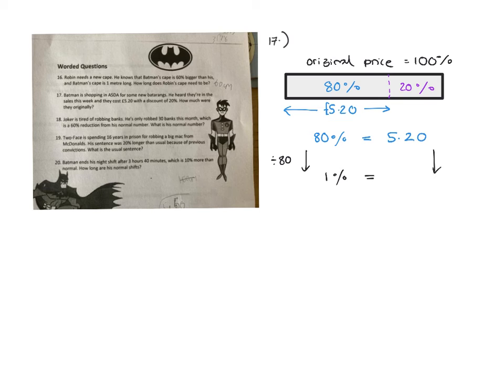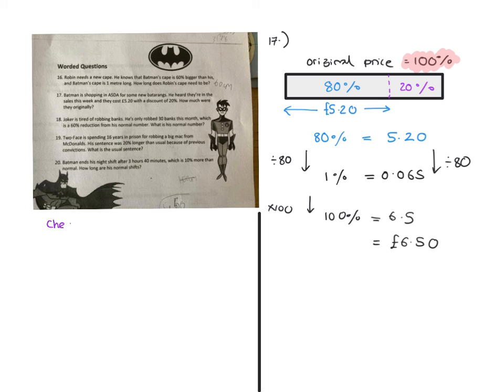And we need to divide both sides by 80, which takes us to 0.065. And of course, we need to find out the original price. Well, what's the original price? Well, it's 100%, so we need to scale back up to 100. So let's multiply by 100, which of course gives us 6.5, but of course it's money, so we need to make sure we write down £6.50 as our final answer.